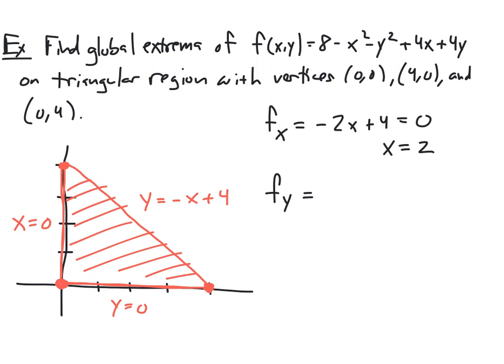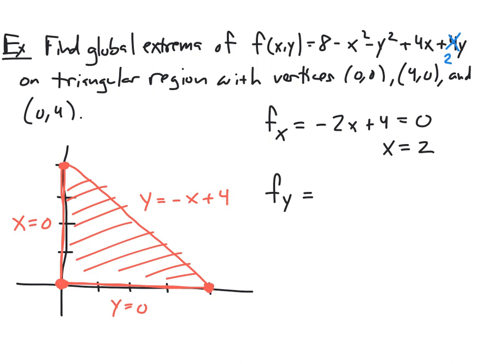I wrote plus 4y, this last term. That should actually be 2y. It's going to make the algebra work out a little bit nicer. So f(x,y), the original function, that last term should be plus 2y, not 4y. But notice I have not used that term yet. So that has changed nothing else that I've said in this video.